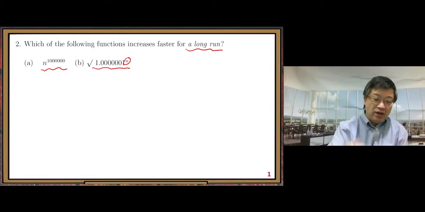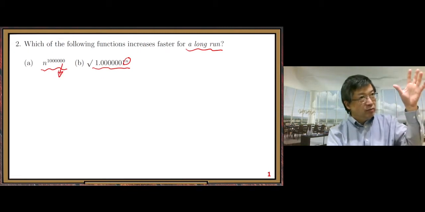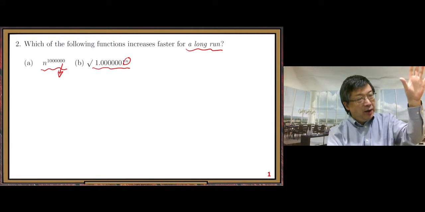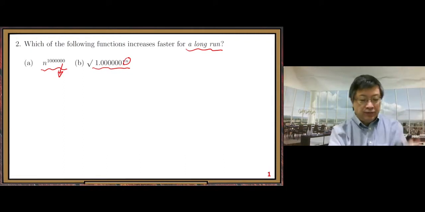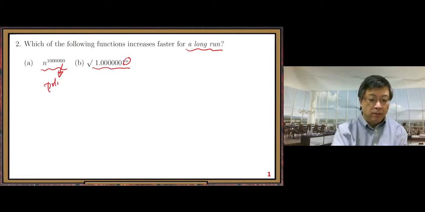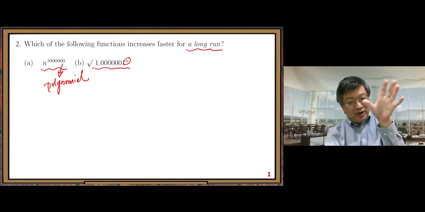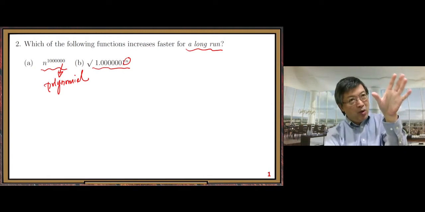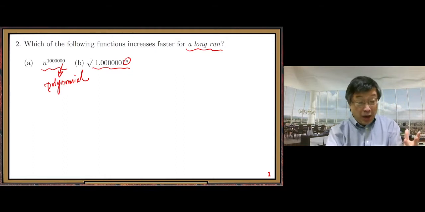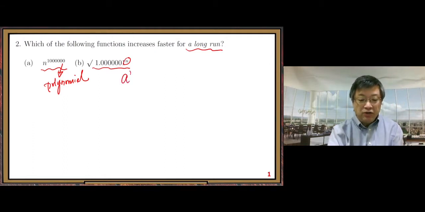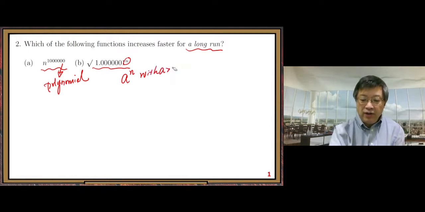Because based on the theory we learned, no matter how high the power is, it is a polynomial. That one, even with so many zeros after the decimal point, is still an exponential function, a to the nth with a greater than 1.